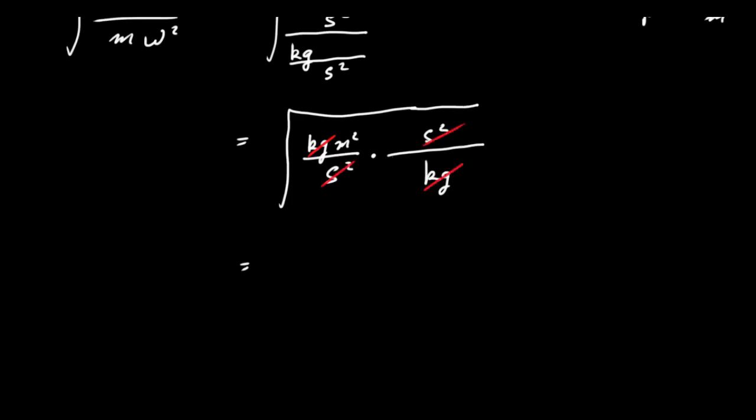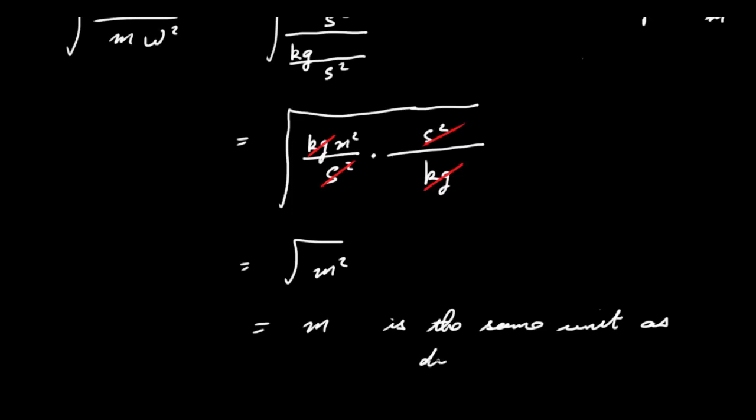So what we're left with is just the square root of m squared, which is m. This is meters and this is the same unit as displacement. That's it for this question. So that was not too bad a question I think overall compared to the others.